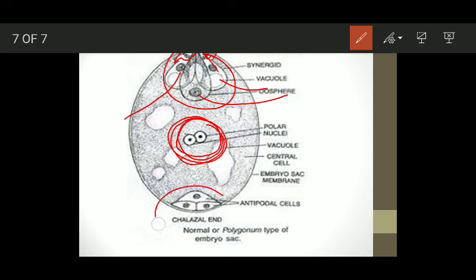And here at the chalazal end, we have 3 cells known as antipodal cells. They are the vegetative cells, and they degenerate once fertilization takes place, once the female gamete fuses with the male gamete. So this is the final organization of the female embryo sac.